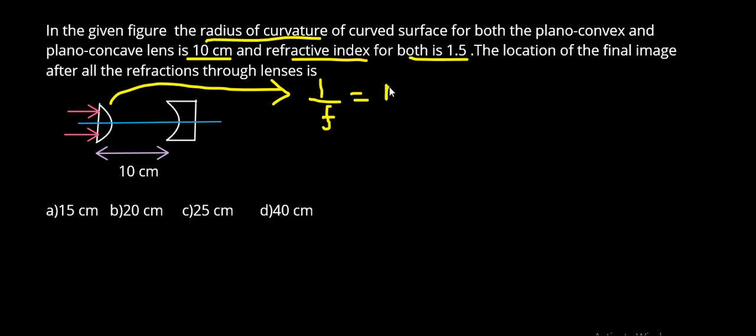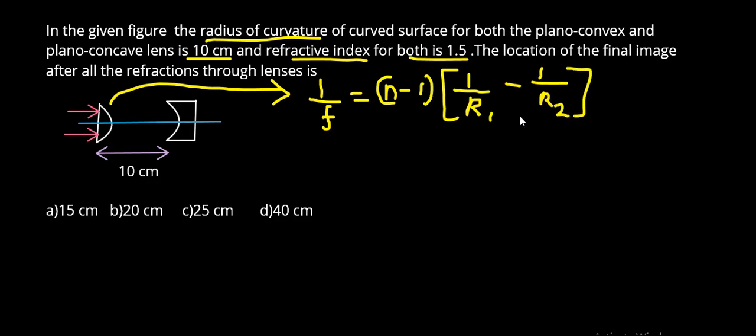So, n minus 1. First of all, I will write the formula to find the focal length with the help of the radius of curvature: 1 by f equals n minus 1 times 1 by r1 minus 1 by r2. I will be substituting these values.